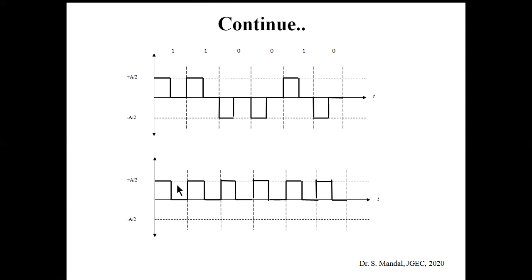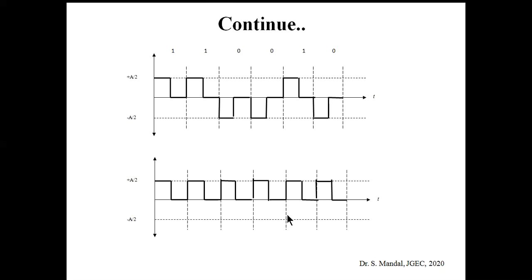This clock signal or timing information is very important to us for correct detection or correct decision making at the receiver end. If we don't know the clock frequency, then we cannot decide at which instant the value is 1 and at which instant it is 0.